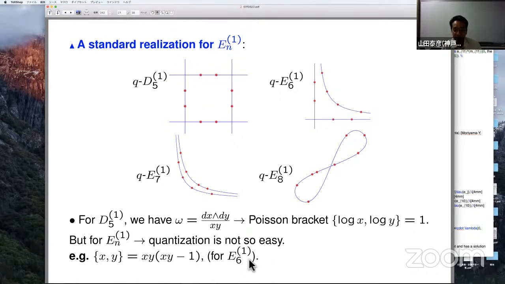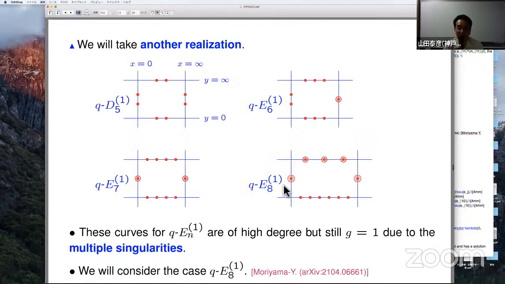So the quantization is not so easy in these cases. To overcome this difficulty, we will use another realization of the Sakai surface, which is given in these configurations.